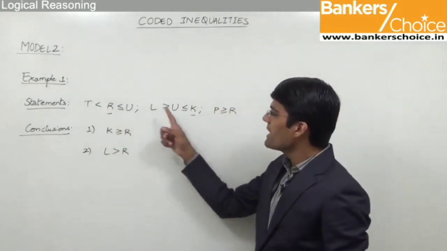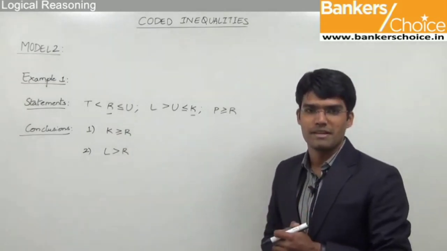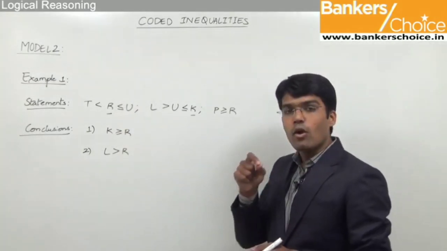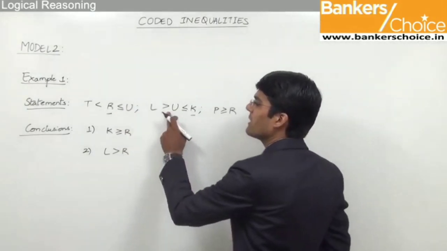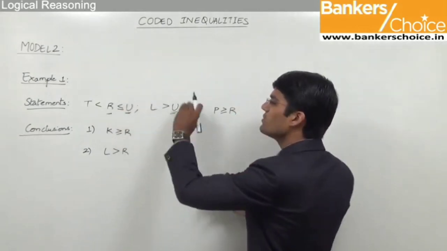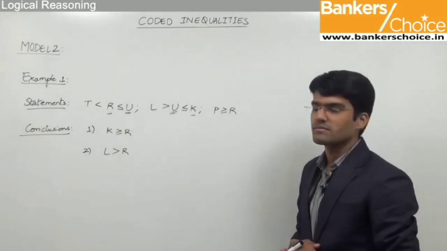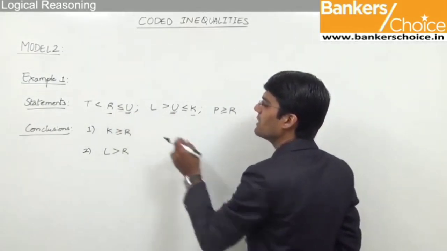So, before we compare k and r, we just need to see how to connect these 2 statements. To connect these 2 statements, we should have a common variable in between the 2 statements, and that common variable is nothing but the variable u. So with the help of u, we can join these 2 statements and try to establish the relationship between k and r.